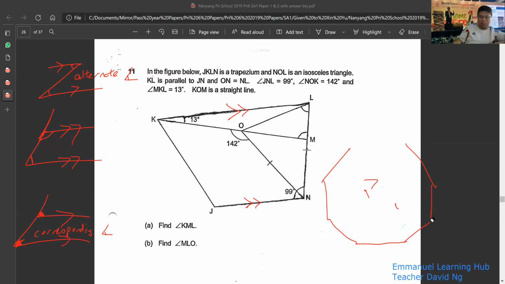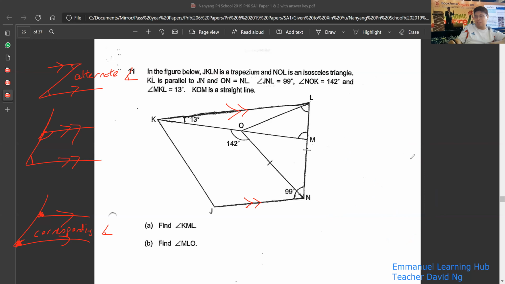Do you understand what I'm trying to tell you? Do you think in secondary school you still need to do angles? Yes or no? Yes, right. Sec 1, you see angles involving polygons, all that.